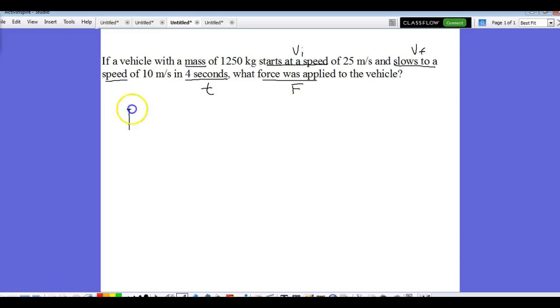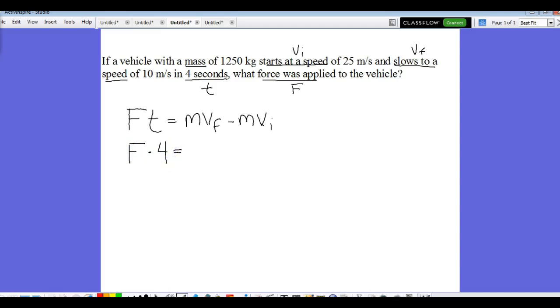So for these, we're going to use this equation, Ft equals mass times velocity final, minus mass times velocity initial. And you just plug in what you have. So we want to solve for this force, right? The time we have is 4 seconds, so 4F, times 4.